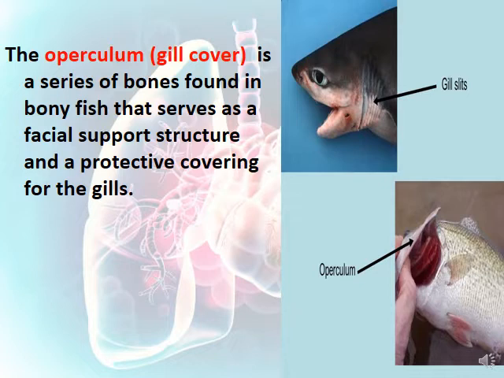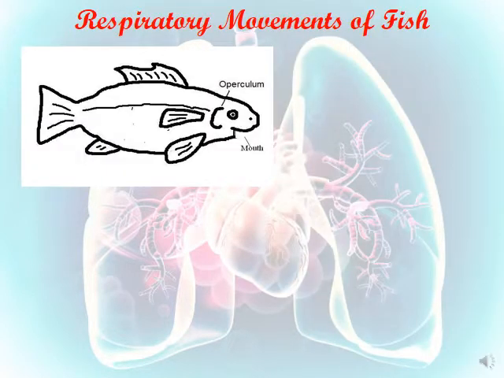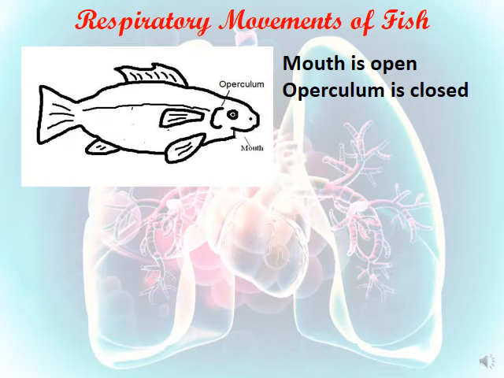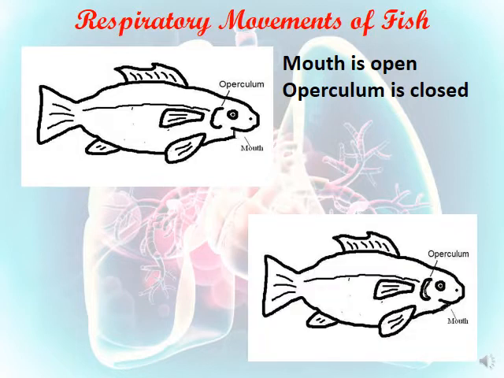So the gills are the respiratory organs inside the fish. This is the operculum. It's like a cover for the gills, and these are called the gill slits. There are the gills. So, movements of the fish. What happens? When the mouth is open and the operculum is closed, water will flow into the fish.